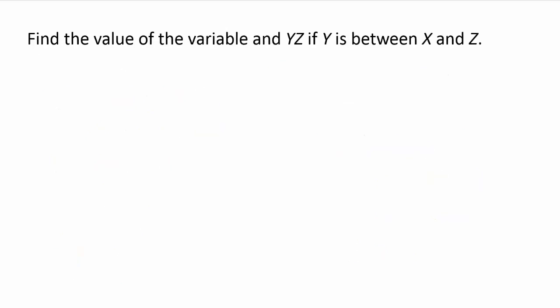The last two problems deal with the following situation. Find the value of the variable and YZ if Y is between X and Z. And before we go into those, I just want to make sure that you guys draw this line segment out. Again, you have a line segment with 3 points.